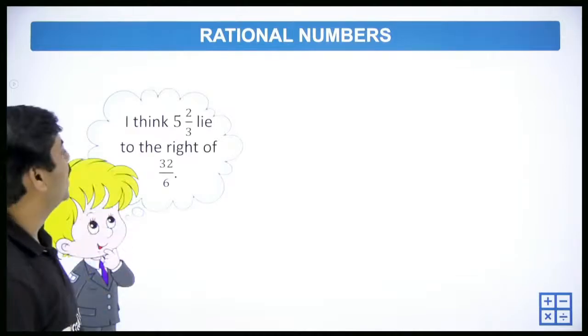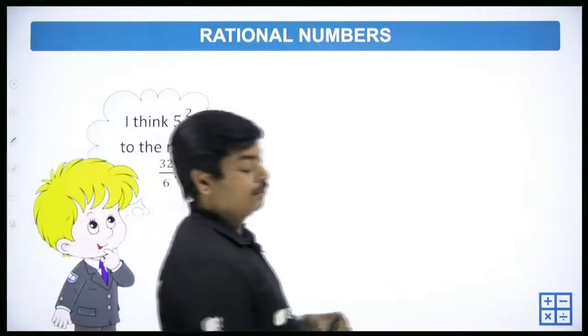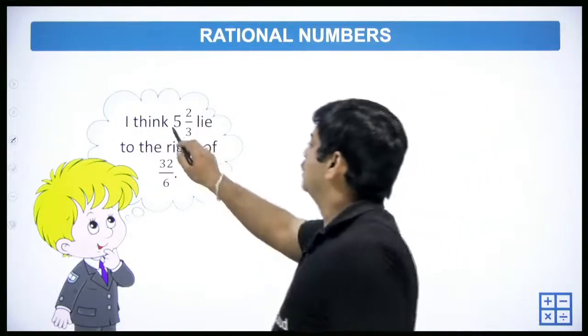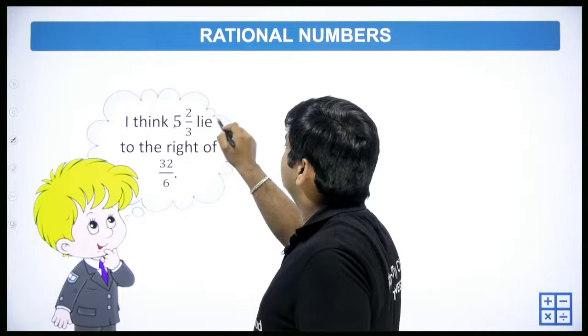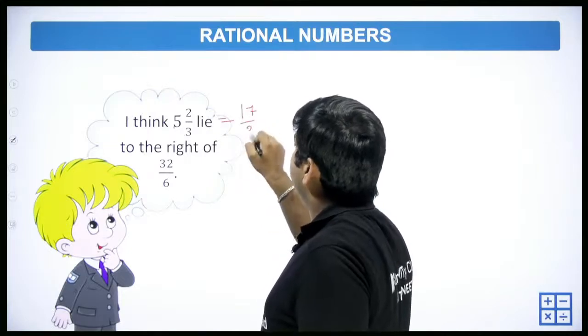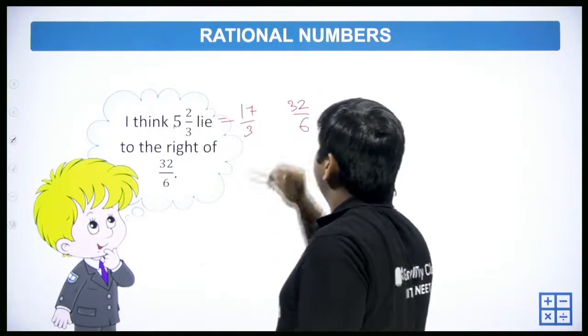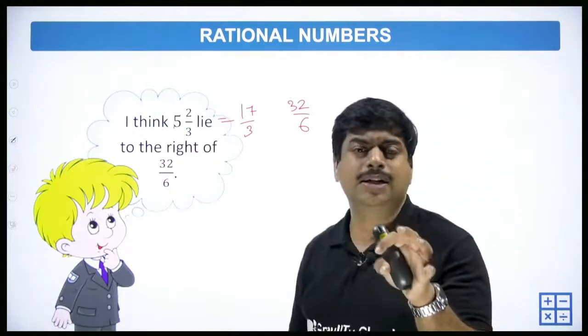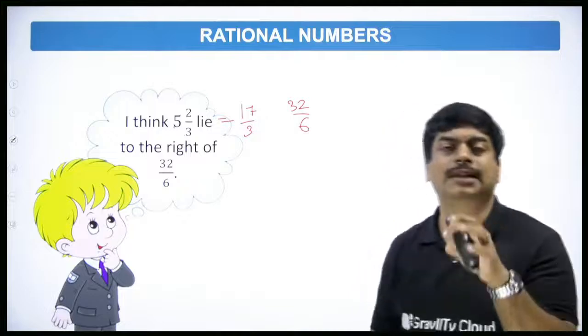I think 5 2 by 3 lies to the right side of 32 by 6. Okay, we have something more to discuss here. 5 2 by 3: 5 times 3 is 15, 15, 16, 17, which is 17 by 3. And this is 32 by 6. 17 by 3 and 32 by 6. Now, to compare the numbers, try to make the denominator the same.